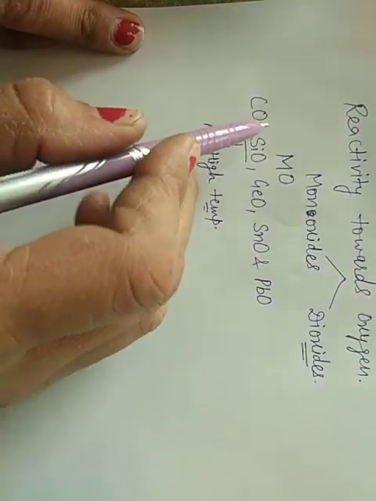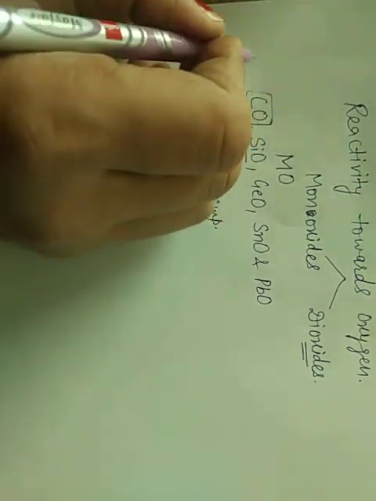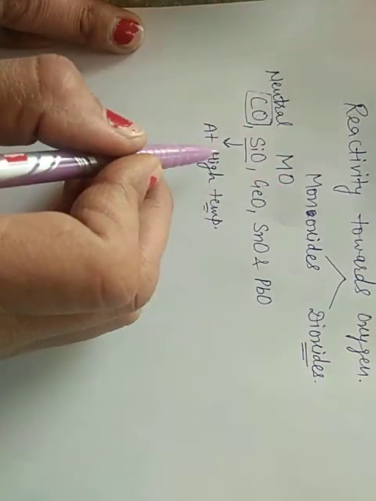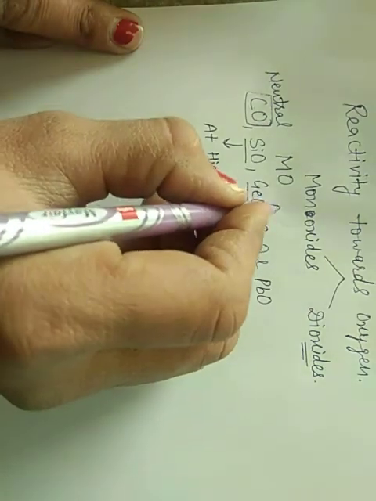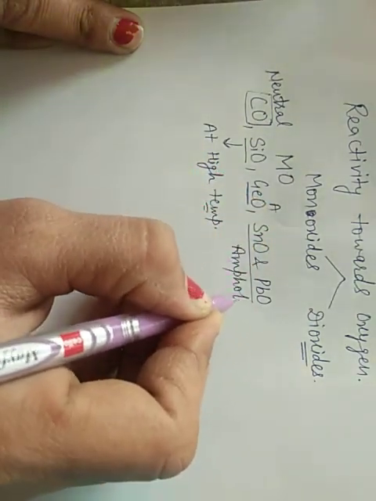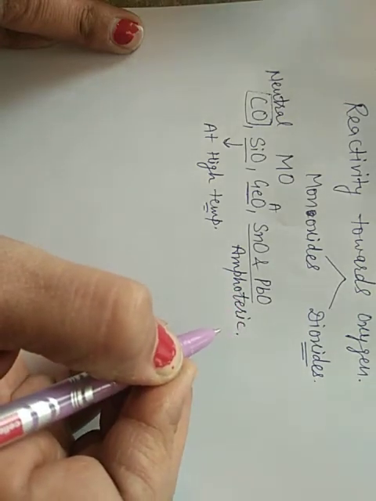Among these oxides, CO is neutral. Germanium oxide is slightly acidic, and both these are amphoteric. Amphoteric means they behave as both acidic as well as basic in nature.